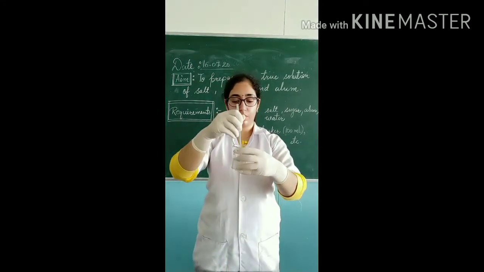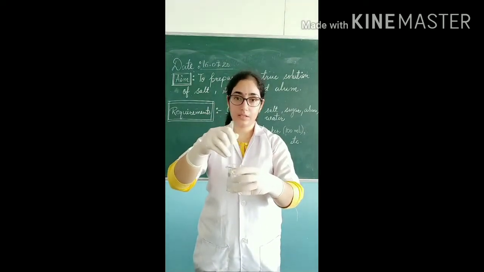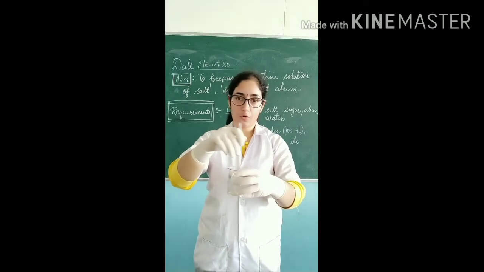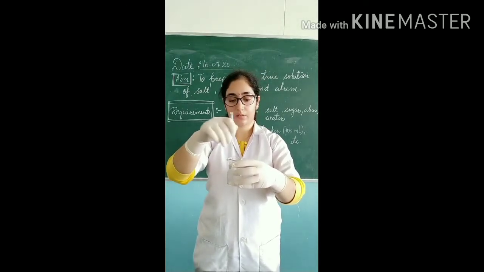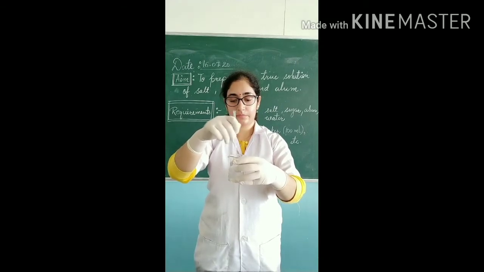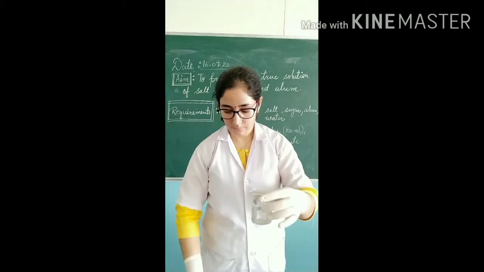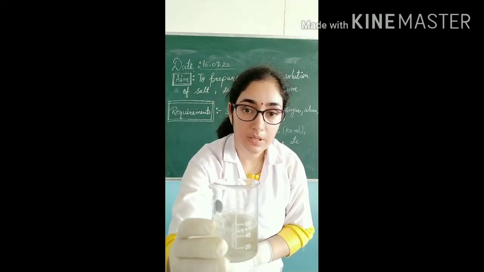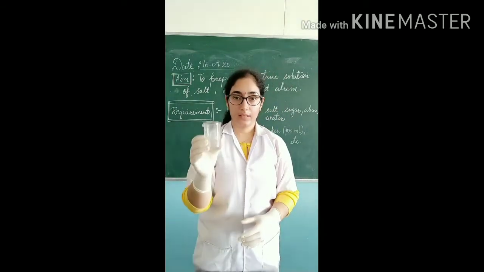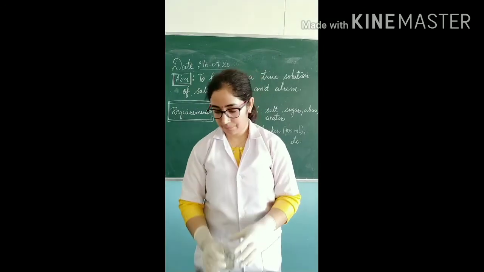We are going to dissolve it till it is completely dissolved so that we can't see the particles of alum in it. Now you can see that alum is completely dissolved. It is called alum solution or true solution of alum.